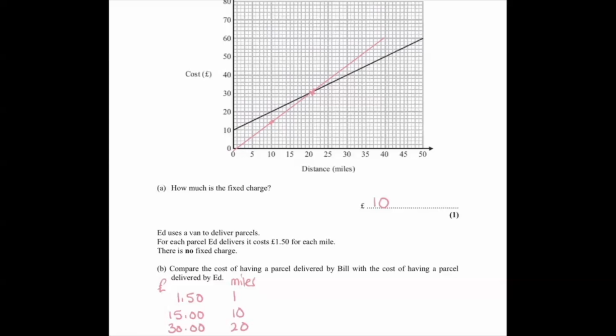I can see that Ed is cheaper until they hit that £20 mark, and then our other delivery guy, can't see his name anymore, would then take over and be cheaper. So that's kind of the sentence that I need to write down. Okay, the wording can vary, obviously, as long as you're clear that you have stated what is happening there.